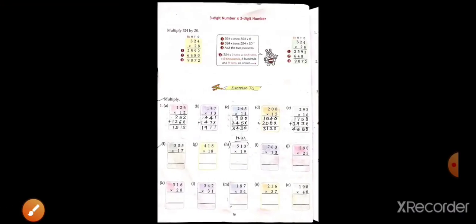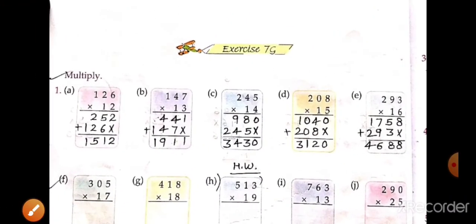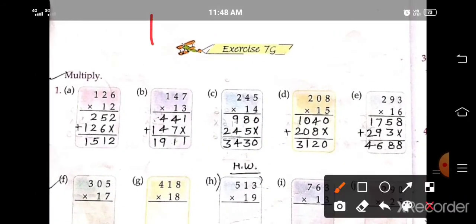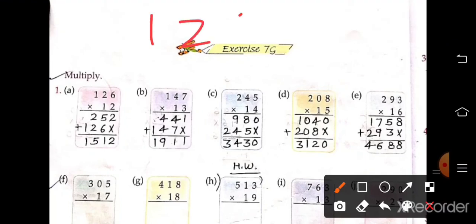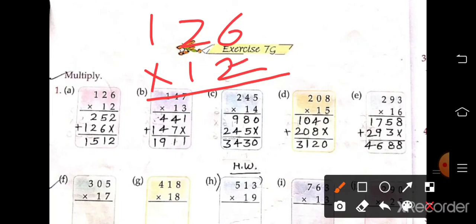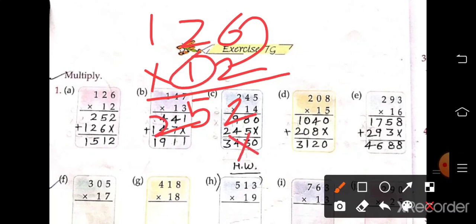Okay, now exercise 7G. Now 3 digit number, 126 by 12. Same, 2 6s are 12, 2 here carry 1, 2 2s are 4 and carry 1, 5. Now 2 1s are 2. Now put a cross. Now multiply 1, 1 6 is 6, 1 2 is 2 and 1 1 is 1.